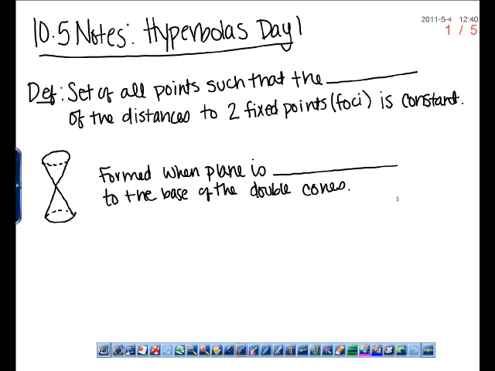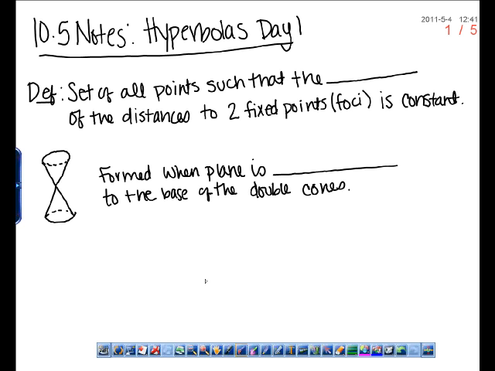Look on your formula chart, if you will. What's one of the first differences that you notice between the ellipse formula and the hyperbola formula? It's minus instead of plus. So in that ellipse, the sum of the distances was constant.